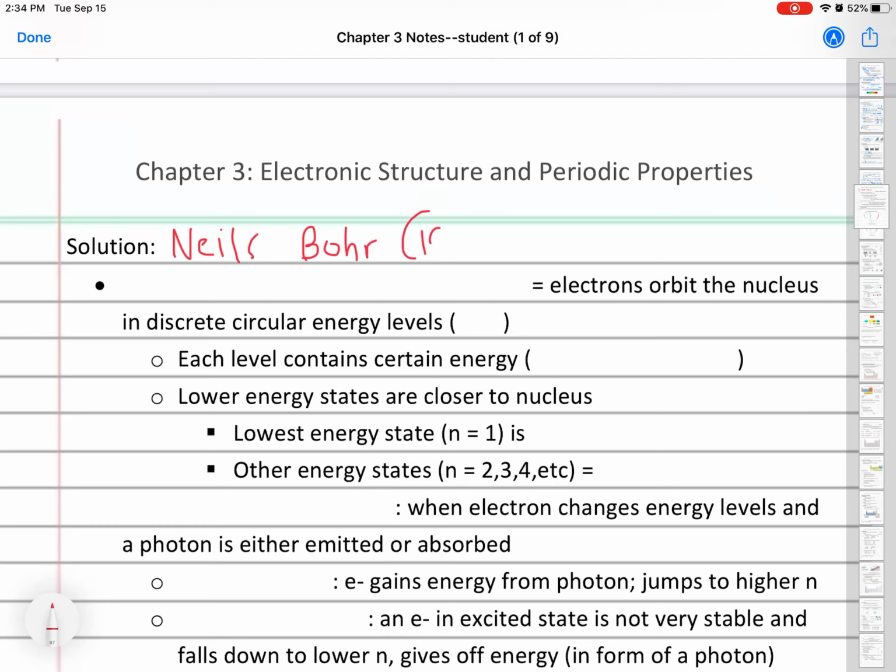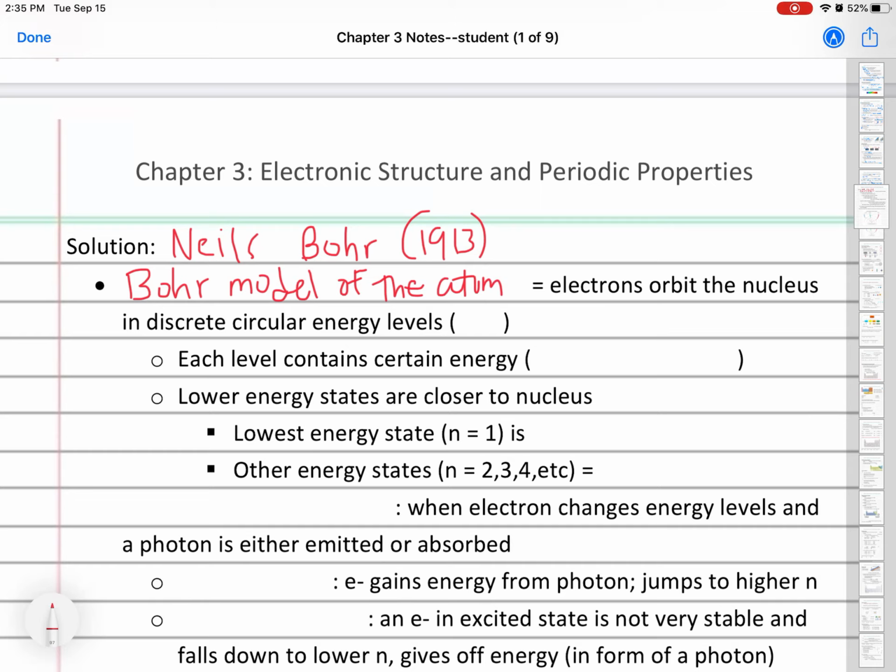And Niels Bohr, in 1913-ish, proposed his model of the atom, the Bohr model of the atom. He was building on Rutherford's model of an atom.